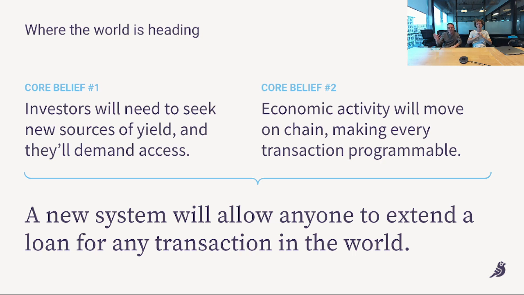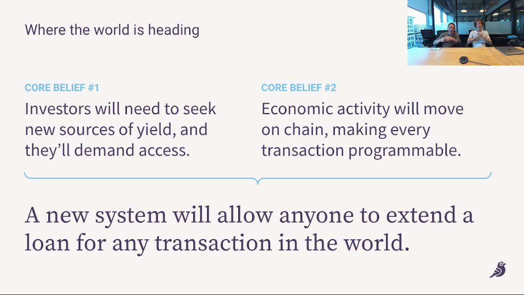It isn't because they want to speculate in crypto, it's because they view crypto as a safer alternative to their local currencies. And when we have consumers and merchants looking for crypto accounts, it's inevitable that the consumers will directly transact with those merchants through crypto, and that will make all of these transactions programmable. So that's the second belief.